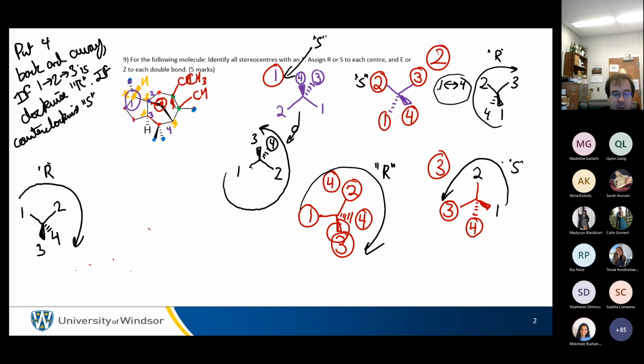Then there is a single double bond. And we need to assign E and Z. So I'm just going to draw the double bond again. Real big.